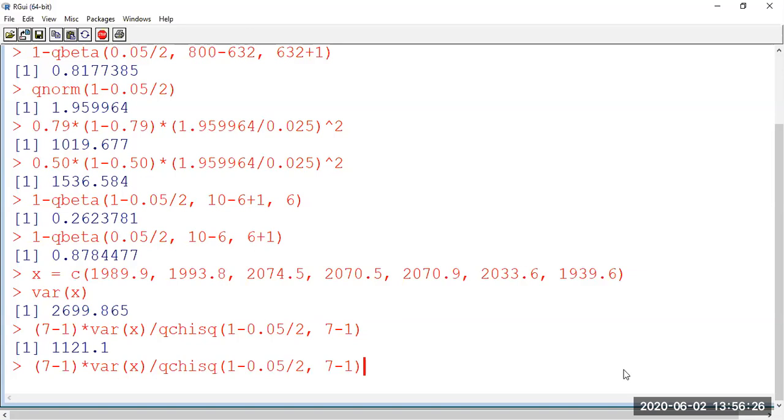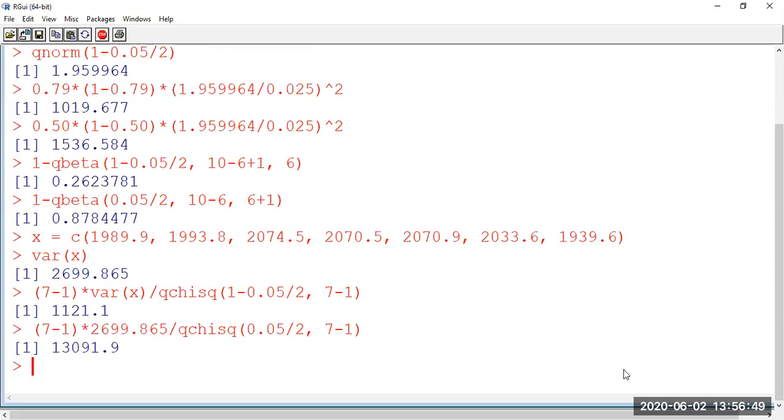Then we're going to repeat the computation, but now instead of using this formula, because assume that you were not given a data set, you were given directly the value of the variance, then you need to just type the value for the variance. And when you are computing the upper limit, you need to write 0.05 over 2. So that is going to be the upper limit, 13,091.9.